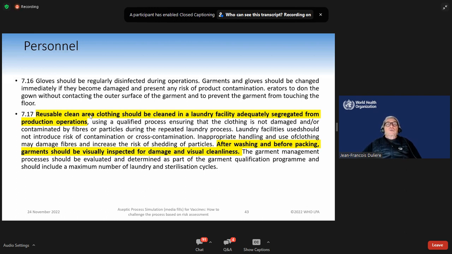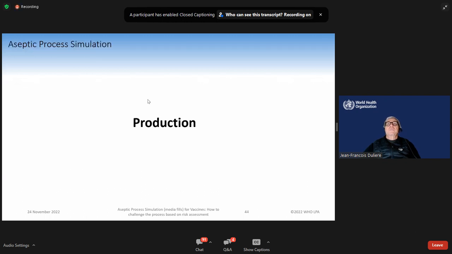That means as well that you will have to do what you should require of your subcontractors. The process needs to be qualified. Be sure that the clothing is not damaged and not contaminated by fibers, and you do not introduce the risk of contamination, cross contamination.